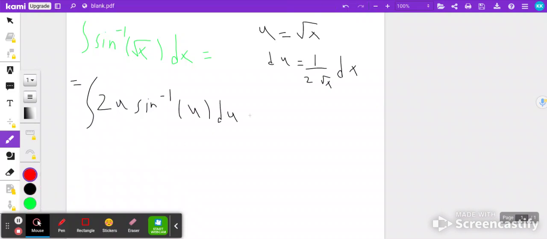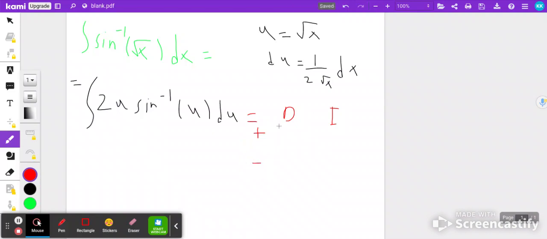So I'm going to use the DI method or the tabular method. So I'm going to choose one part of the function to differentiate and one part to integrate. Since we can't integrate sine inverse of u, that also requires integration by parts itself. And this gets plus minus because the sign changes.